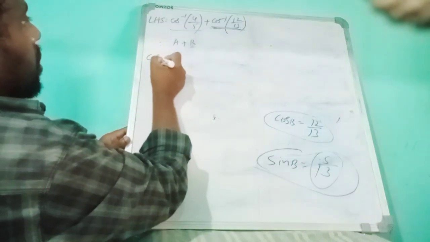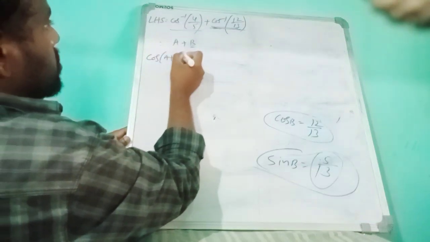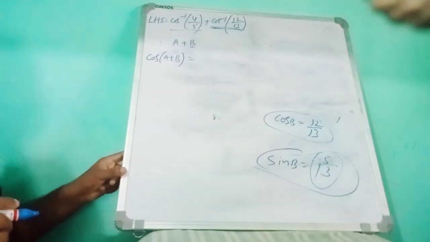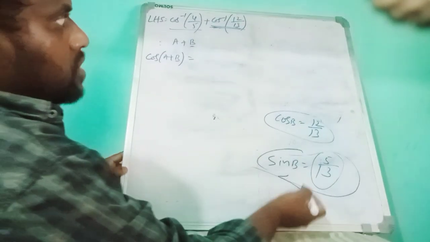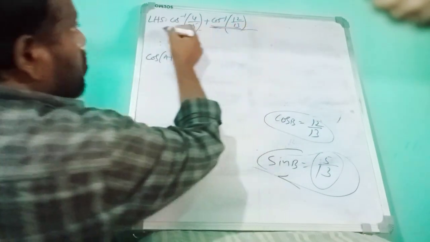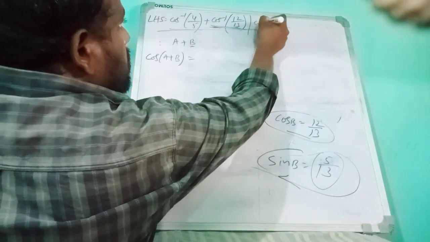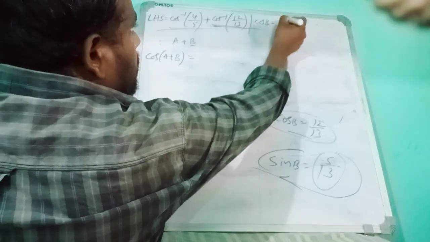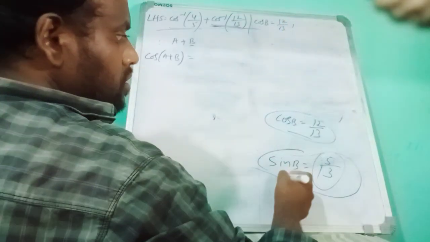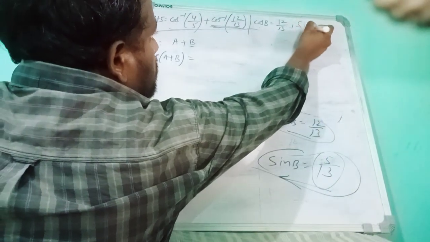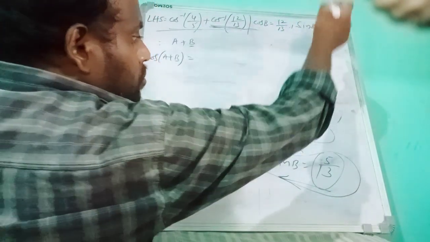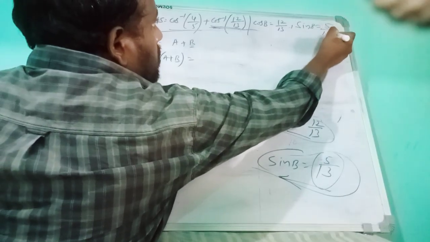Next we have a formula, cos of A plus B is equal to, so these two things I will write here on the top. Cos B is equal to 12 by 13. Sin B is equal to 5 by 13.